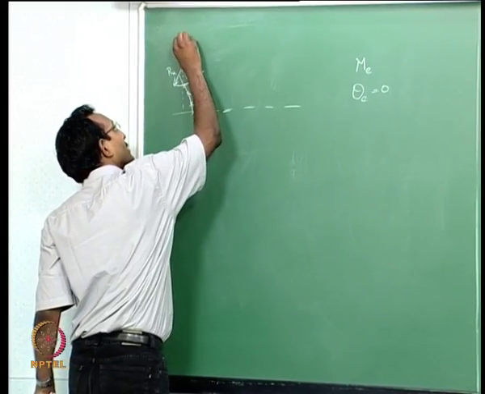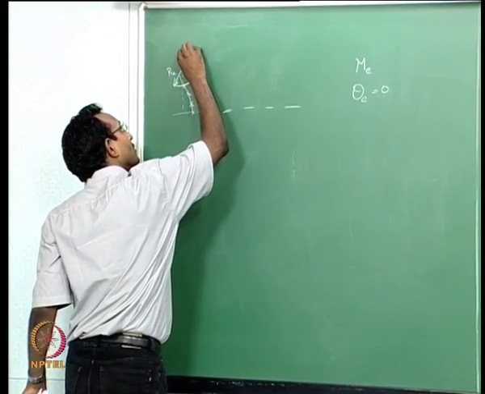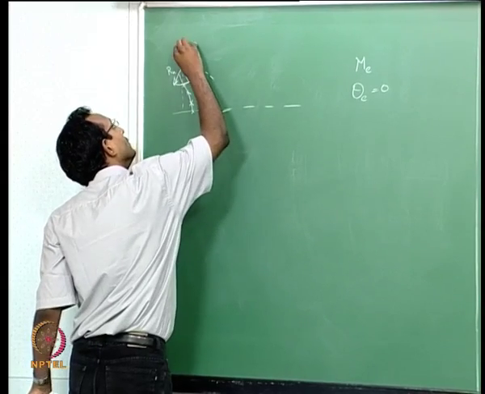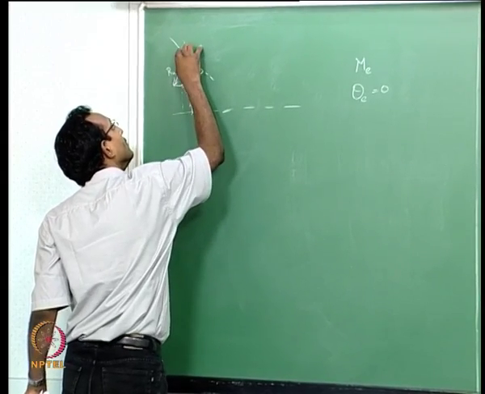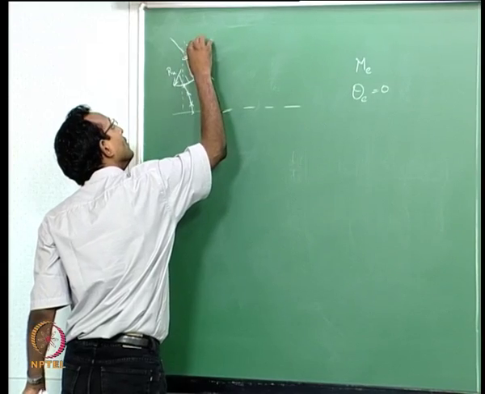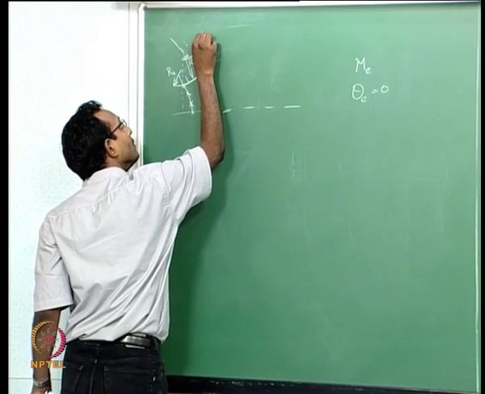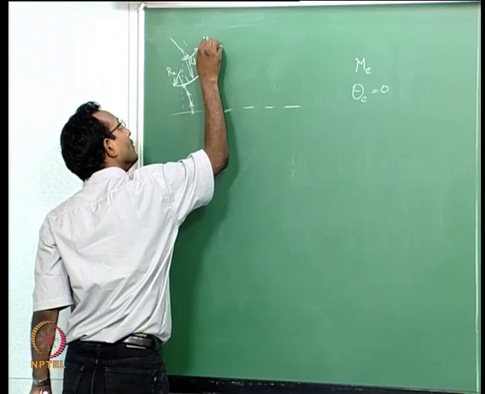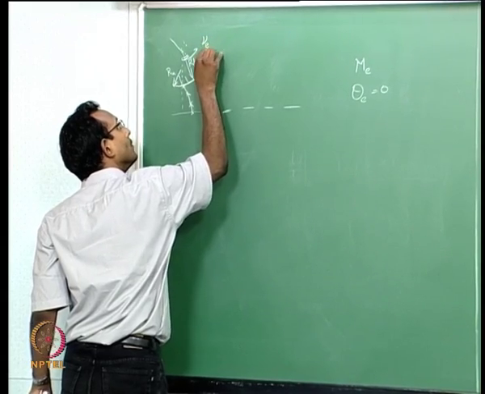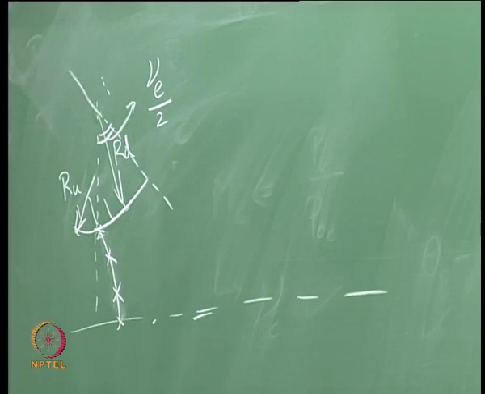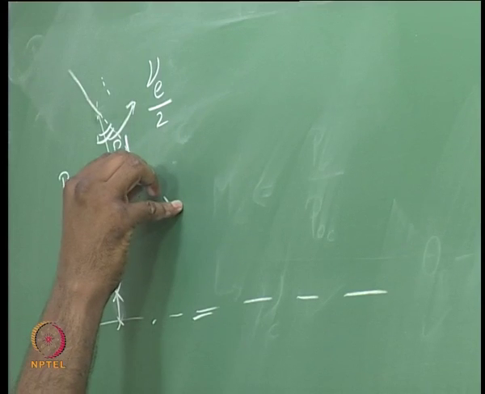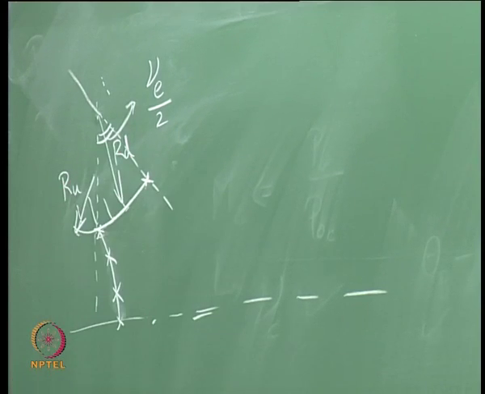Up to a point where this angle comes out to be nu exit by 2. Why? We will see it in a minute. Okay. Say if that is nu exit by 2, that is my last point on my wall.